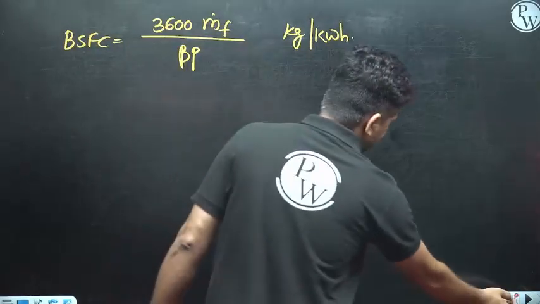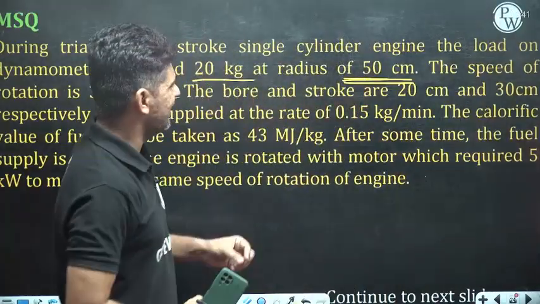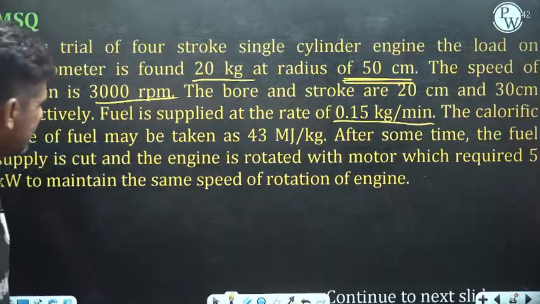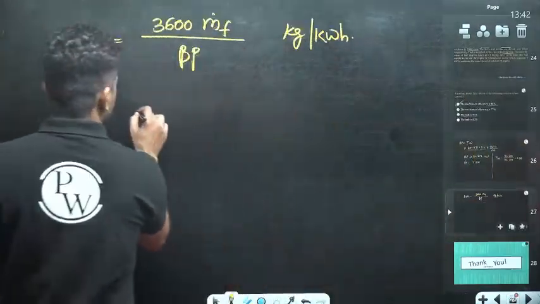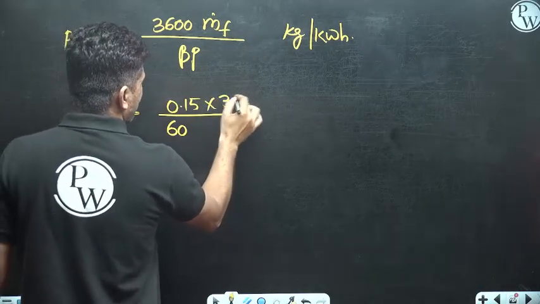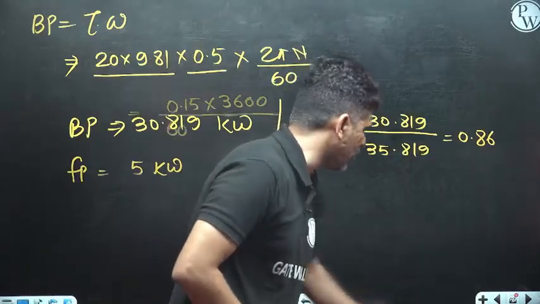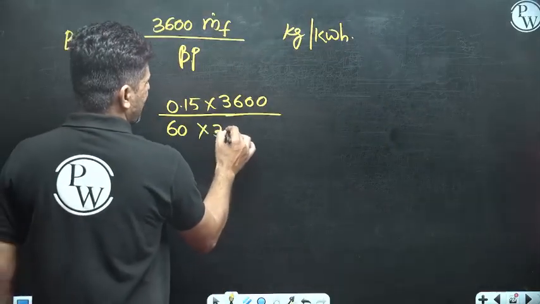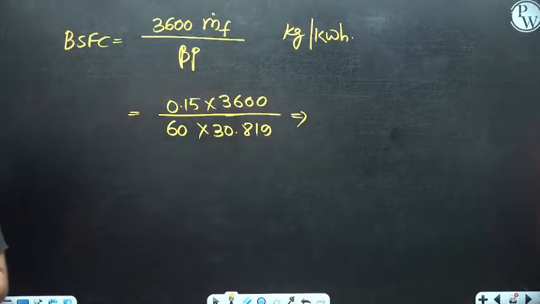He has given you the fuel consumed. He is saying the fuel is supplied at a rate of 0.15 kg per minute. So you can write 0.15 divided by 60 multiplied by 3600 divided by the brake power, which is 30.819.